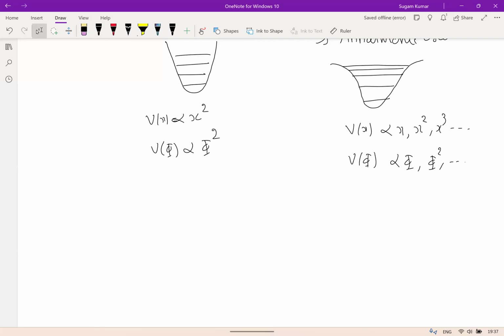So before that, let us prove that a Josephson junction creates non-linear inductance.